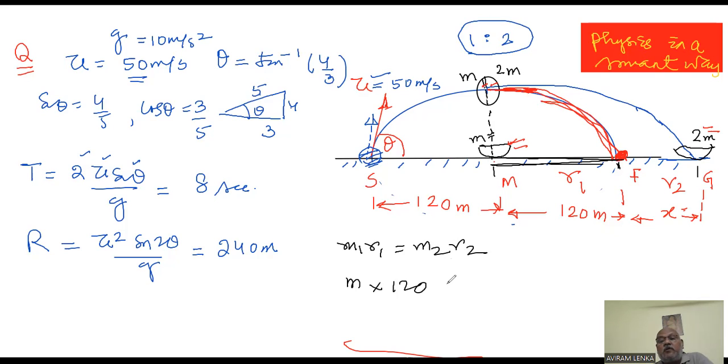M2 equal to 2M, and R2 equal to X. So M times 120 equals 2M times X, and the M cancels. X is coming out as 60.